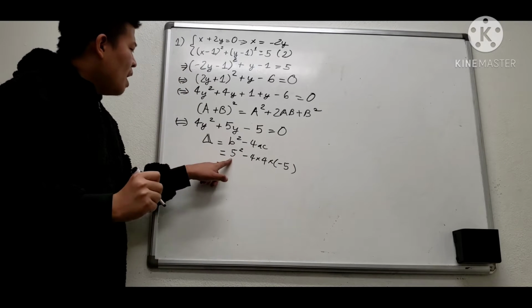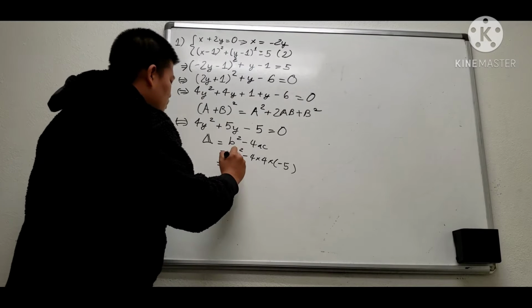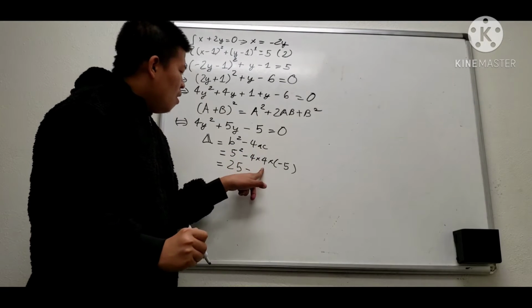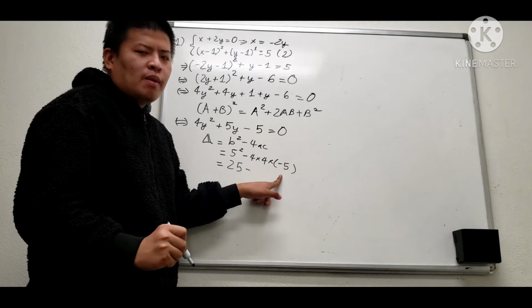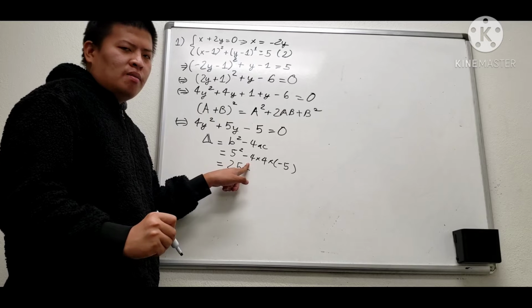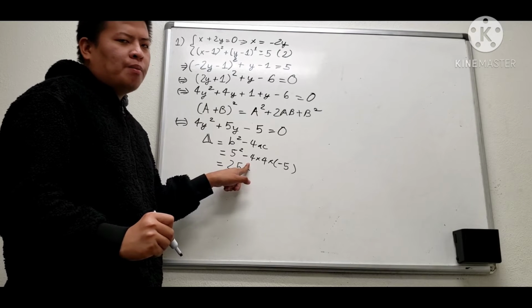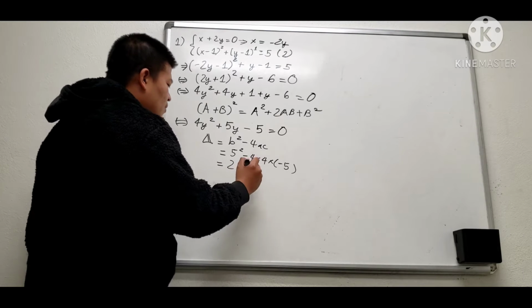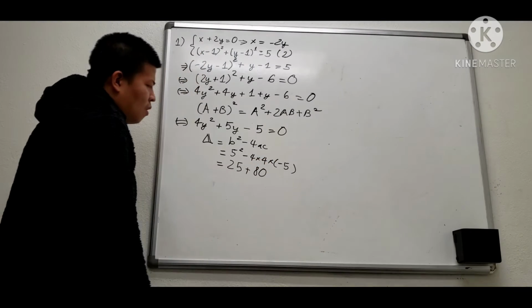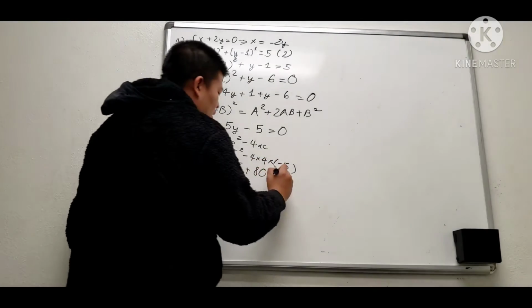Here 5 power 2 is 25. 4 multiplied with minus 5 is minus 20. Minus 20 multiplied with 4 is minus 4, which gives positive 80. You get plus 80 here, so you get 105.